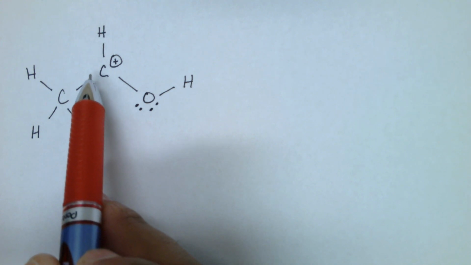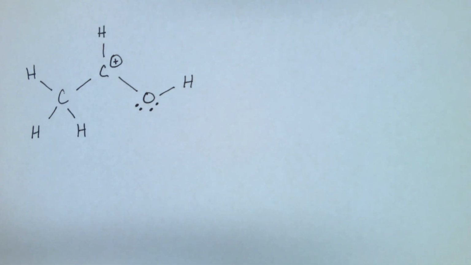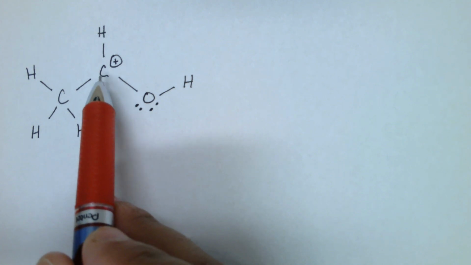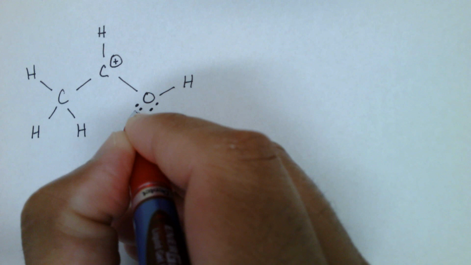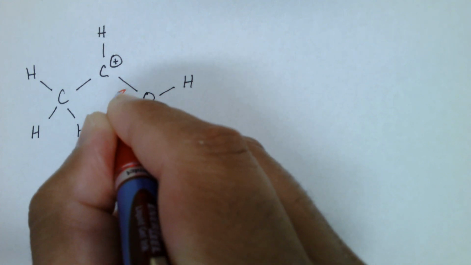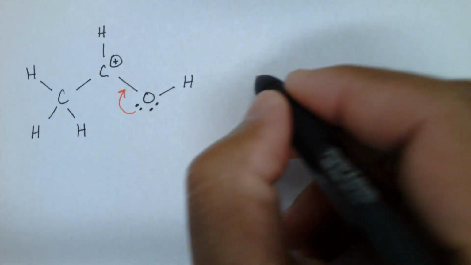And this carbon loses that bond, then becomes a carbocation. So you can imagine now this carbon is sp2 hybridized, and it's missing that pair of electrons. So we can draw a resonance structure where the lone pair comes in between the 2 atoms and forms that extra bond.